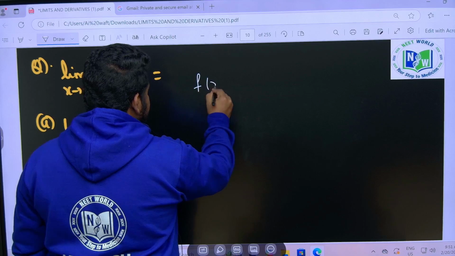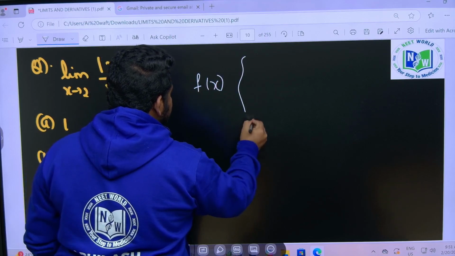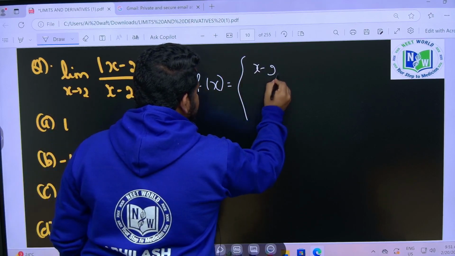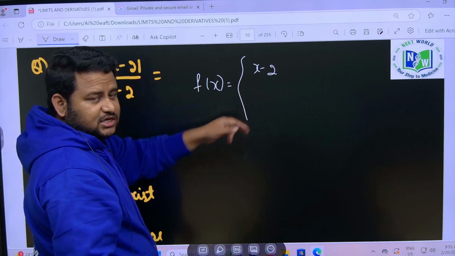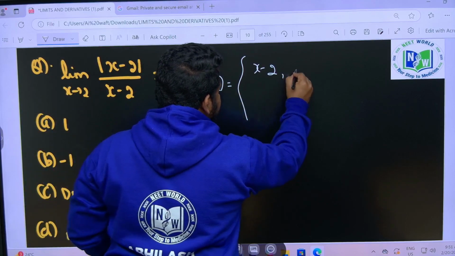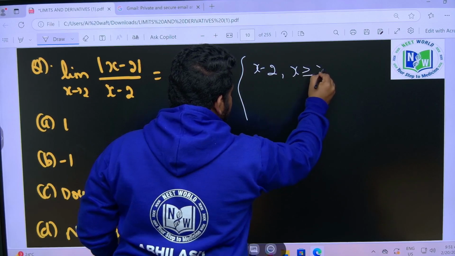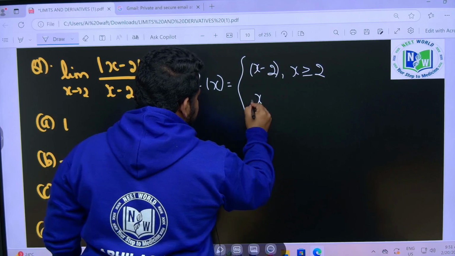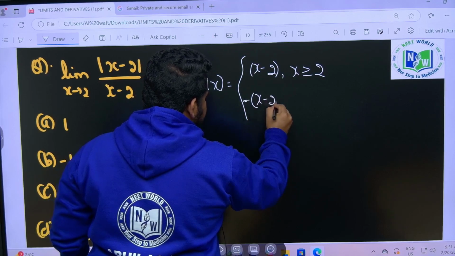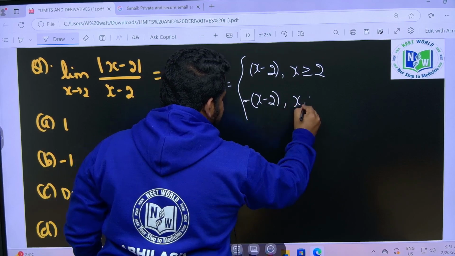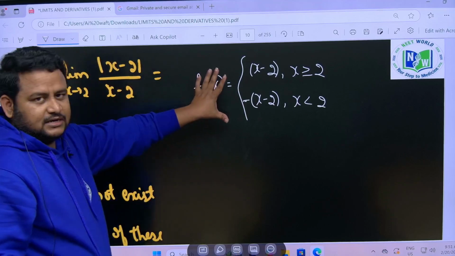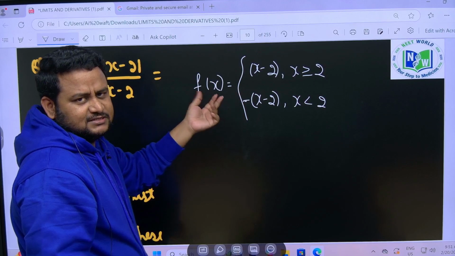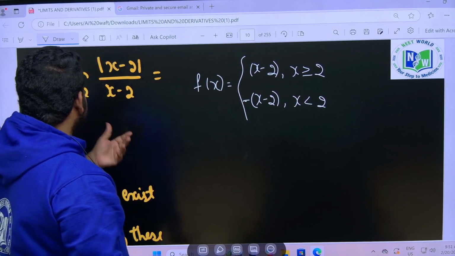I can write it as x minus 2 if x is greater than or equal to 2, and it will be equal to minus x minus 2 where x is less than 2. Here is the split. I have split it into two functions. This function is having a split, this is a piecewise defined function. So now if we solve, what will happen?